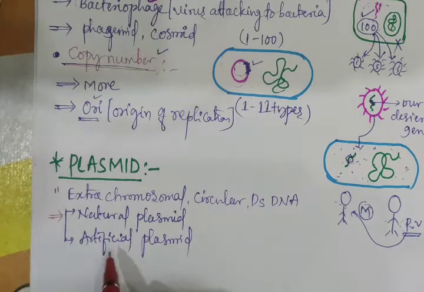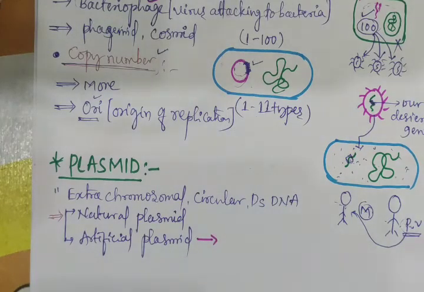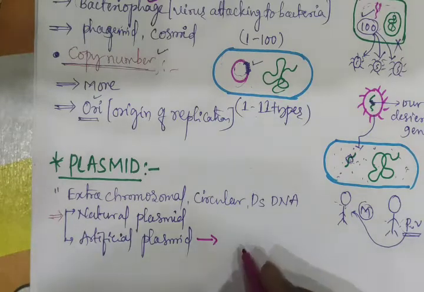So hence for construction of rDNA, we are majorly using artificial plasmids. Two artificial plasmids are most often used in rDNA construction.